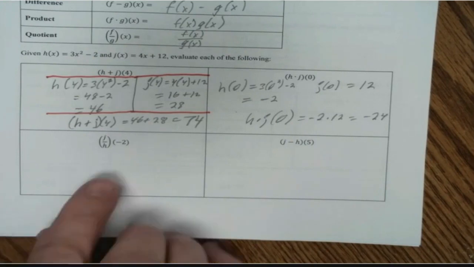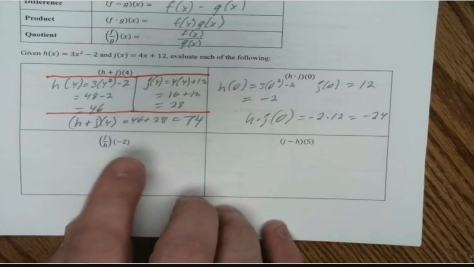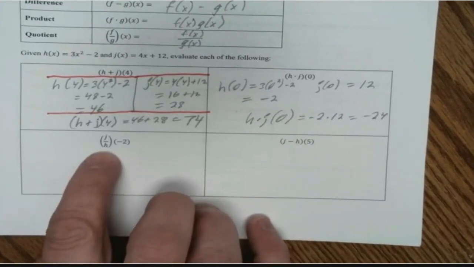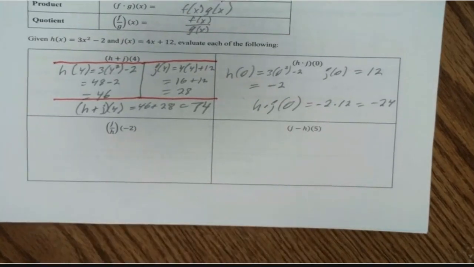Well, let me give you a chance to redeem yourself. J divided by h of negative 2. That one's a little trickier. But let me give you a minute to try that.